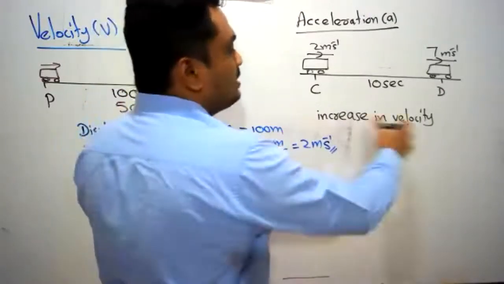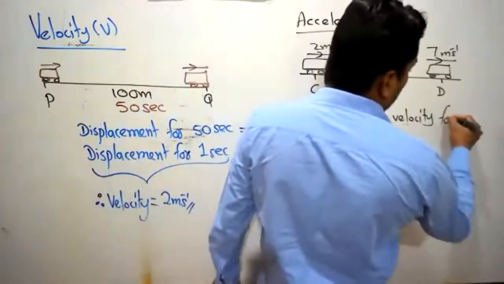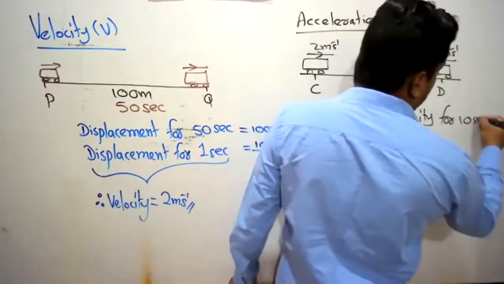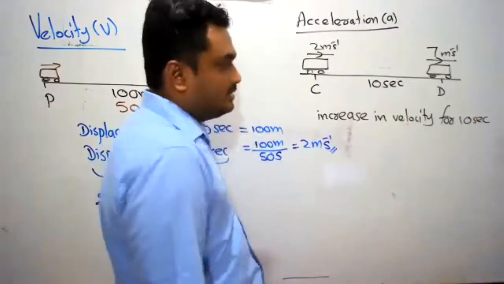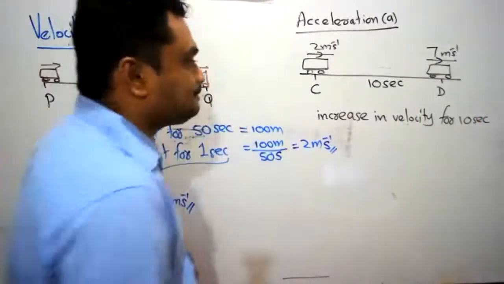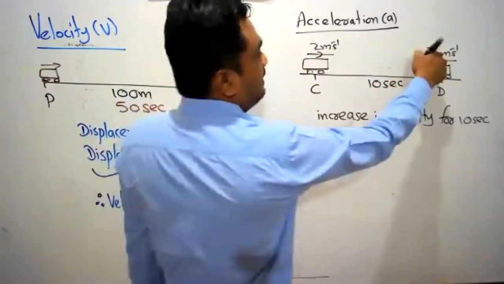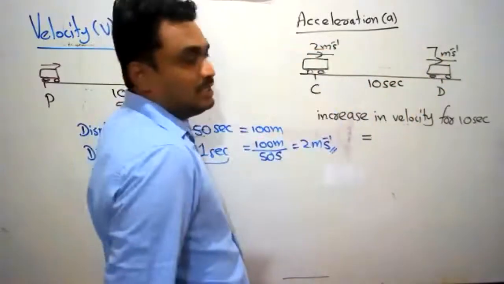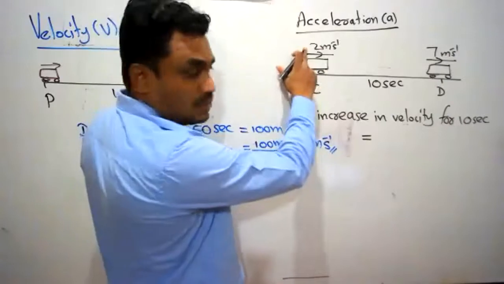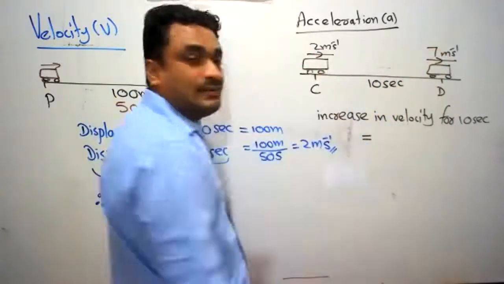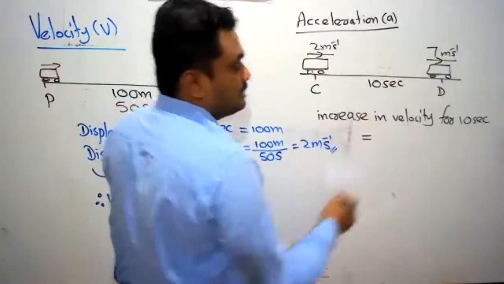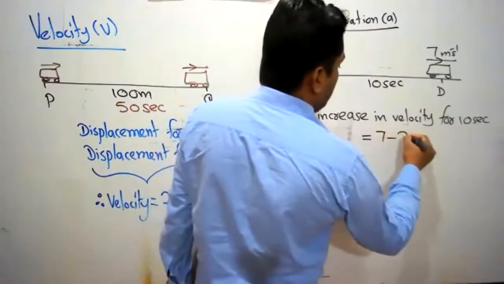So the increase in velocity for 10 seconds. How do we find it? Increase in velocity for 10 seconds equals final velocity minus initial velocity. Initial velocity 2. After 10 seconds, velocity is 7. Therefore, increase in velocity for 10 seconds is 7 minus 2.